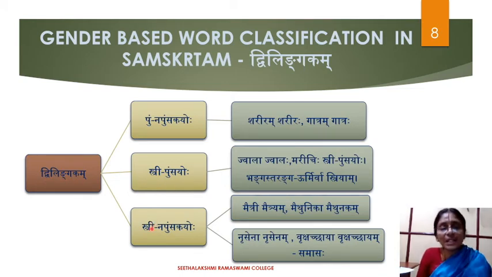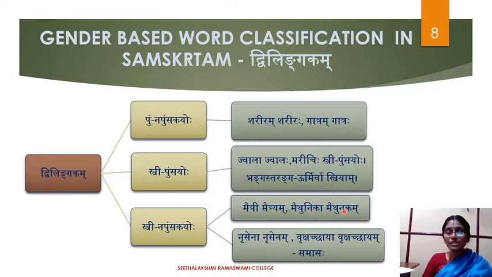Then under Strilinga and Napumsakalinga, we have 2 types, simple words and compound words. Here we have Maitri and Maitriyam, Maithunika, Maithunakam, which means pair. So here you have Strilinga and Napumsakalinga.